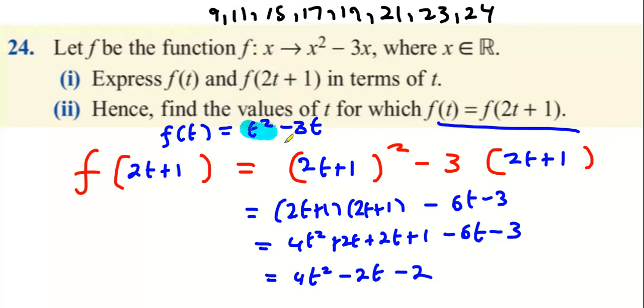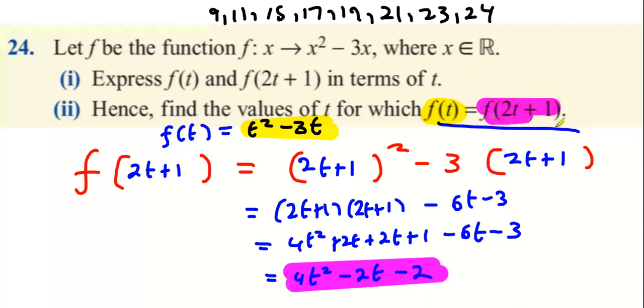Now, the answer, use different colors. This answer here, that's f(t). This answer here, that's f(2t plus 1). Basically put pink equal yellow or yellow equal pink and solve your quadratic equation. Any questions?